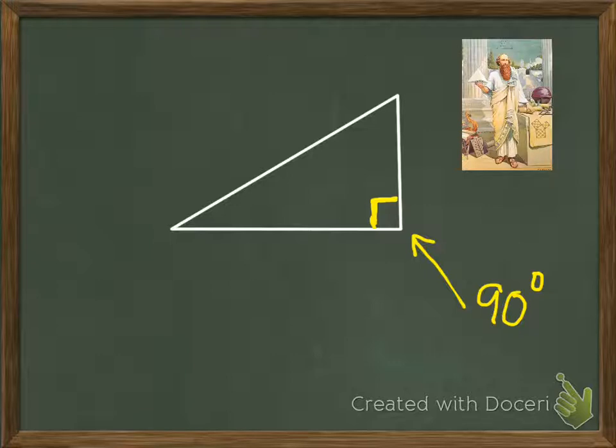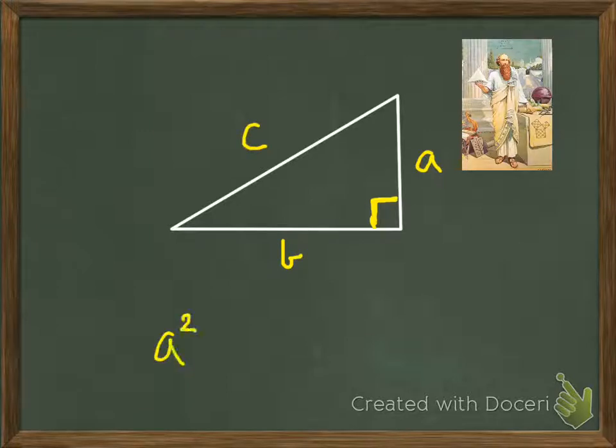And Pythagoras' theorem only applies to a right-angled triangle. What he said was this: if I have three sides, and we're just going to label them as A, B and C, then A squared plus B squared equals C squared.